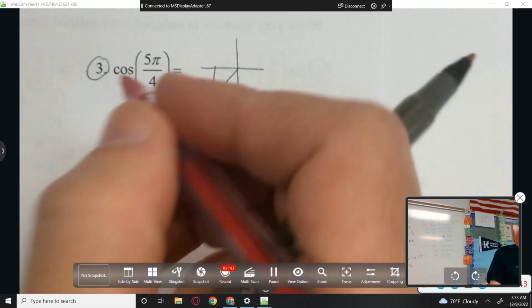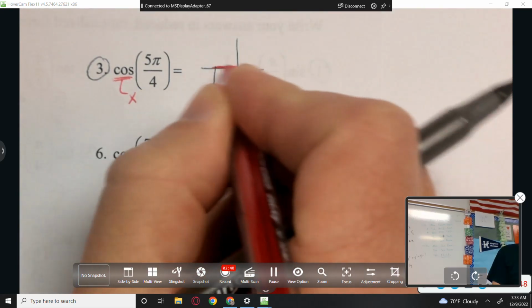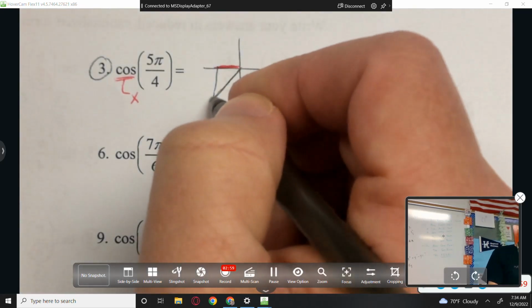Cosine, so which side am I looking for? X. Okay, how long is that x side? Well, this is the middle angle.